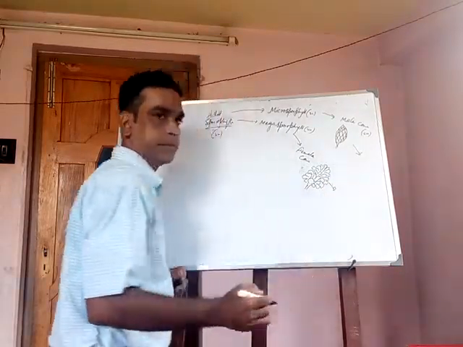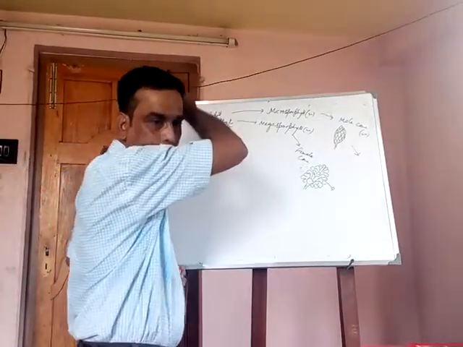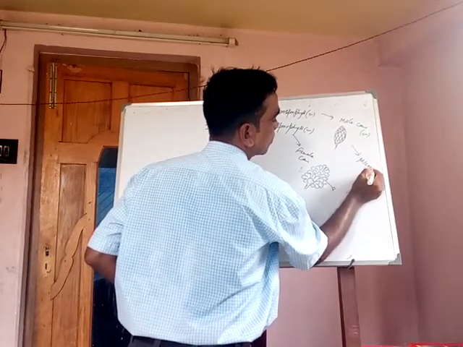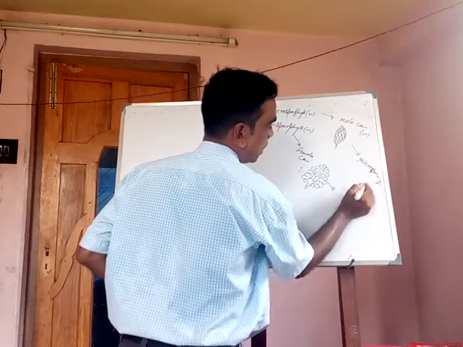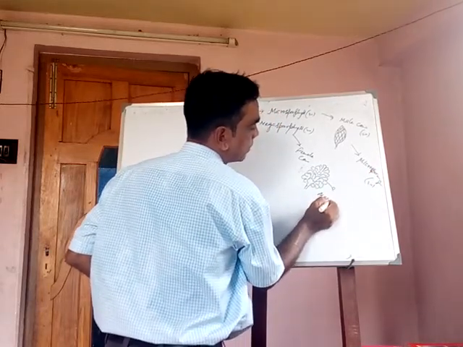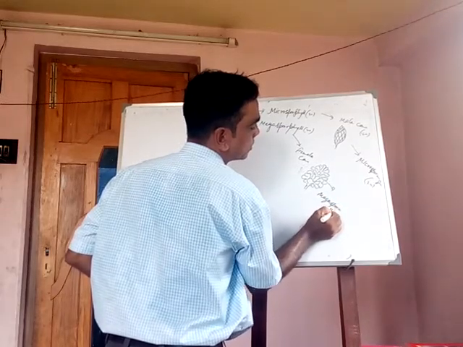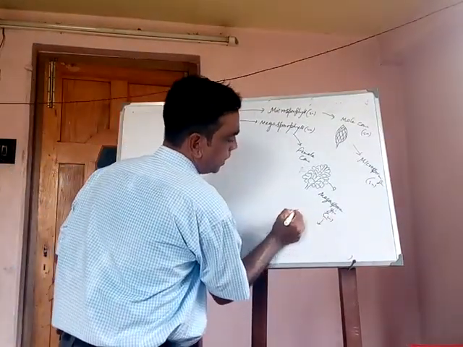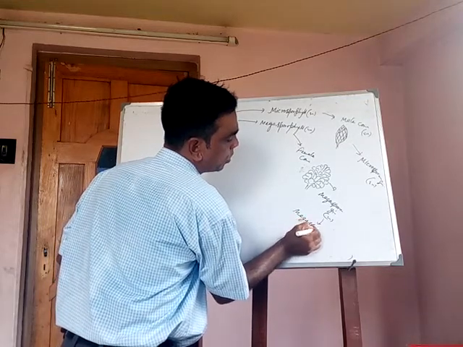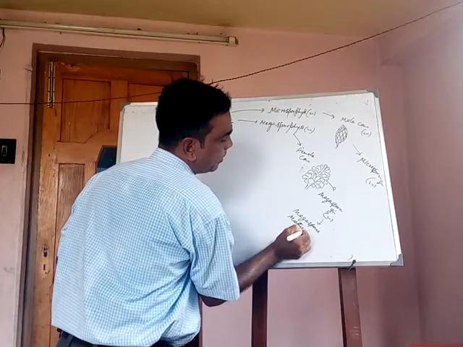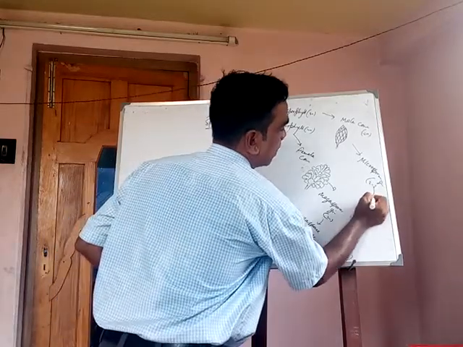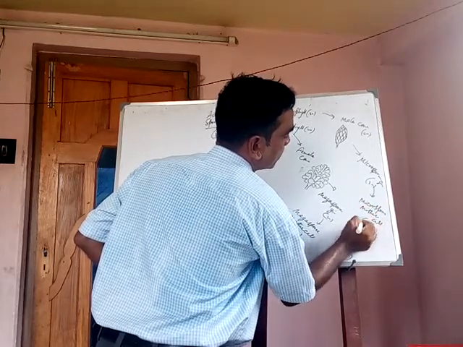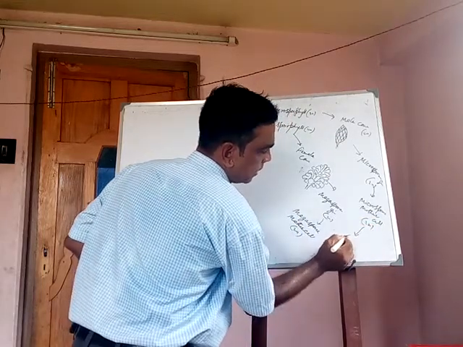Male cone produces the microsporangium, and the female cone produces the megasporangium. These produce the megaspore mother cell and the microspore mother cell, which produces the microspore.